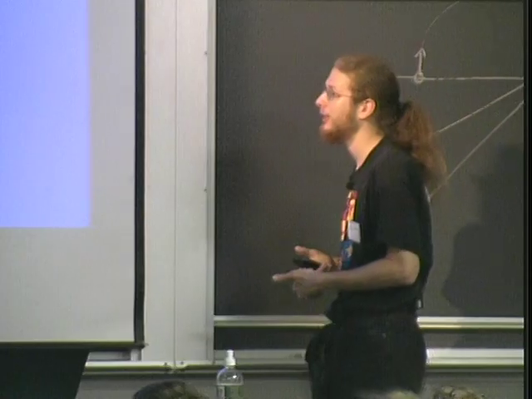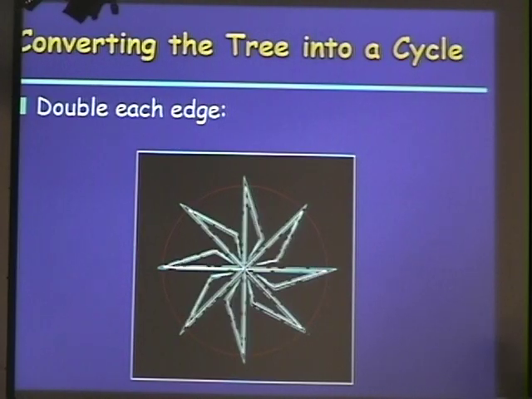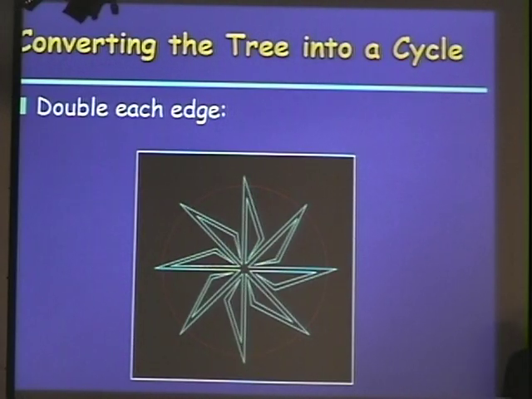But I want to talk about the arcs and cycles in 2D. So a natural thing, which actually several notable mathematicians who I will not name have tried, is to take this tree, which is locked, and double every edge and make it into a cycle. Now this cycle is arbitrarily close to the original tree, and so the configuration space should look almost exactly the same as the original tree.